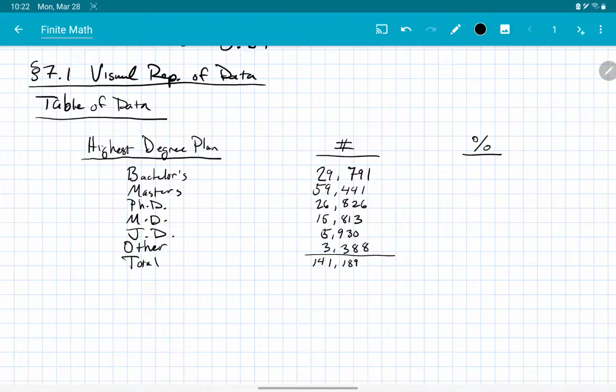So in this column, I'm just taking the number here and dividing it by the total there. So we get 21.1%, 42.1%, 19%, 11.2%, 4.2%, 2.4%, and then of course 100%.